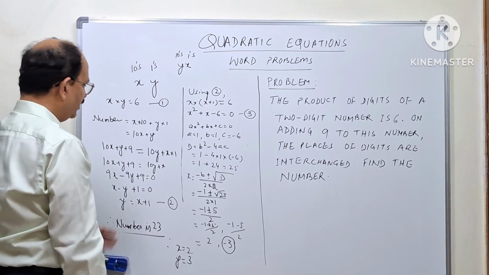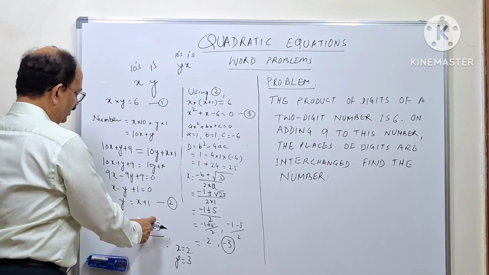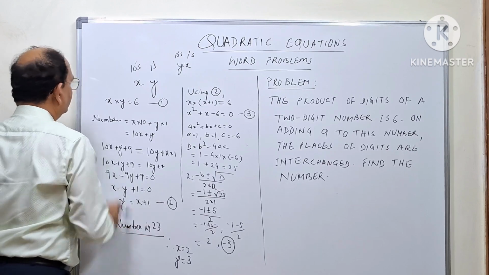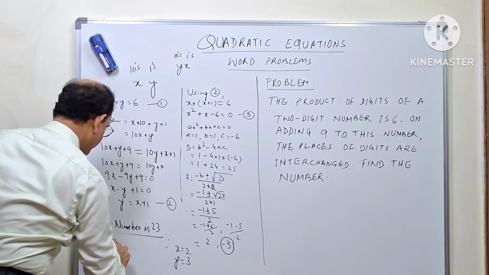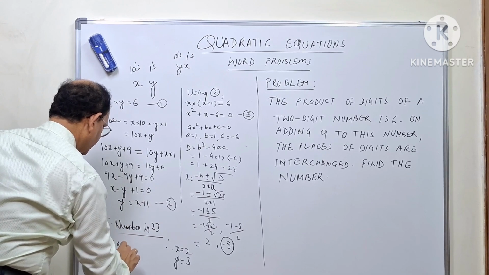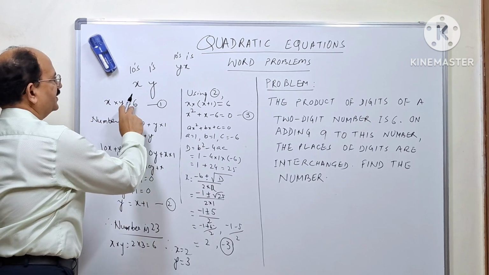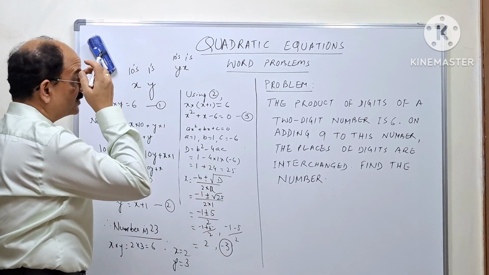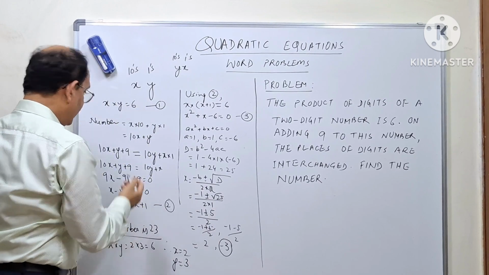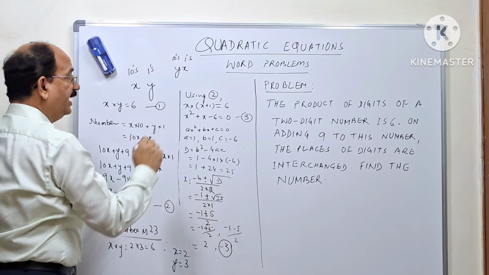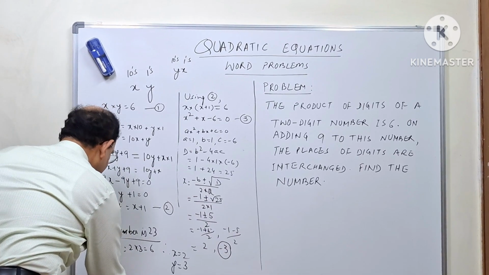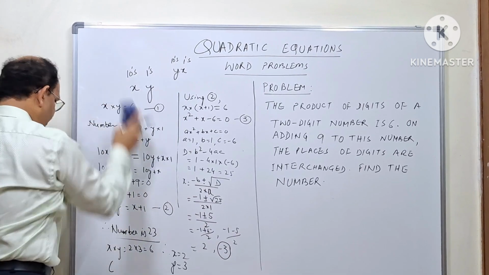Right? We can do the cross checking. Suppose we multiply these two digits, then x into y is equal to 2 into 3, which is equal to 6. That satisfies the first condition, that the product of digits is 6. And then it is saying that adding 9 to this number. This number is 23.